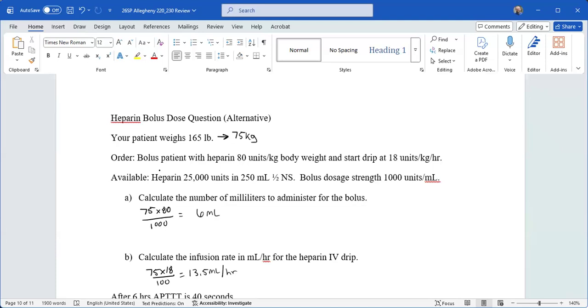This is the shorthand way of doing the bolus and the infusion rate, as long as it's the same available and the same order, which it should be.